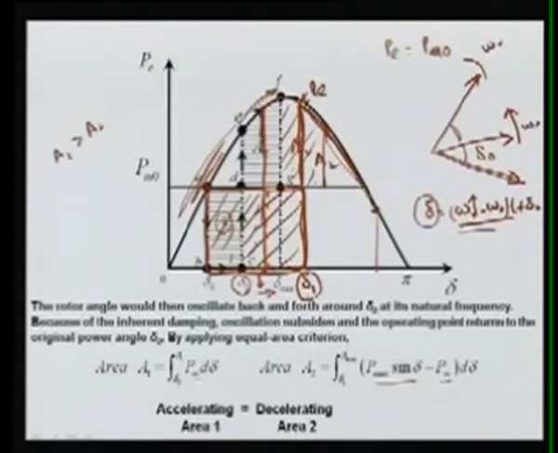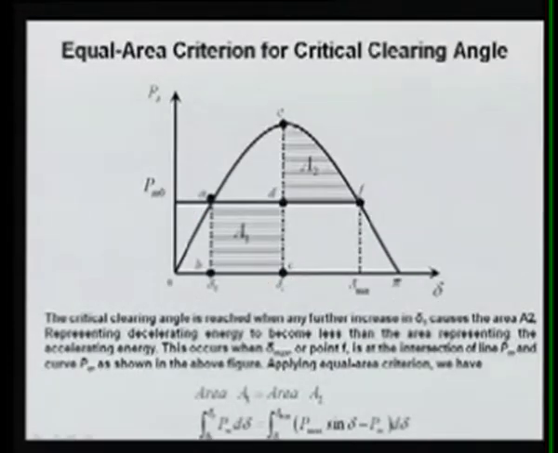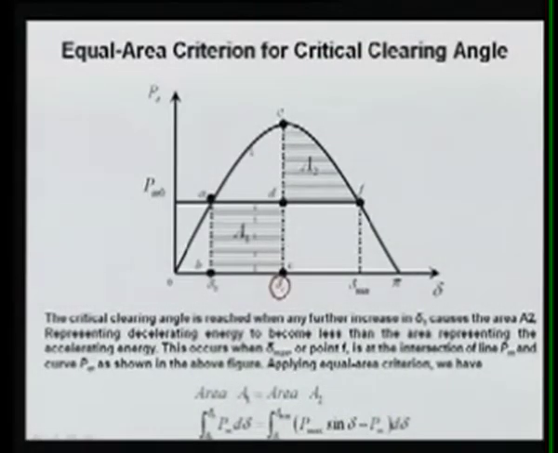In the next slide we'll see that delta C is the critical clearing angle. We want to determine this so that if the fault is cleared before that, say here, then area A2 will always be larger than area A1, meaning the system will be stable.